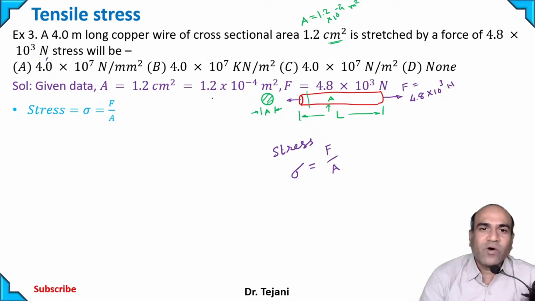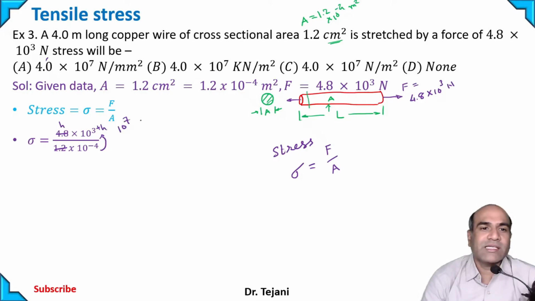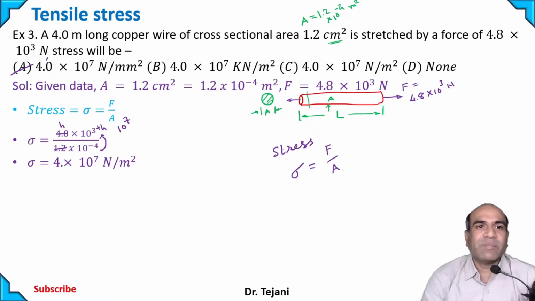Yes, 1.2 multiplied by 10 power minus 4. So 4.8 by 1.2 is 4, and the minus 4 in the denominator goes up, so 3 plus 4 becomes 10 power 7. So we have the answer: A, 4 multiplied by 10 power 7 Newton per meter square.